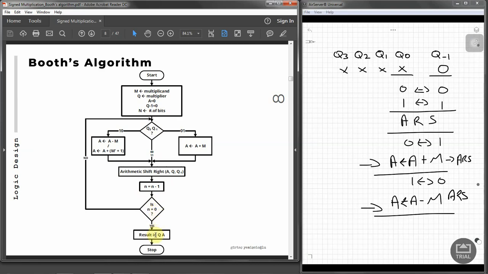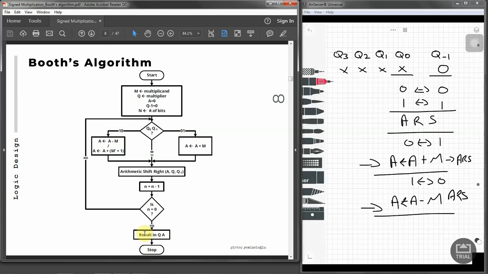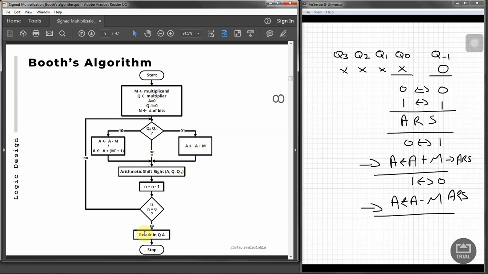Then we get the result in the multiplier and in the accumulator. So the binary numbers that we have in the multiplier and the accumulator will show us the result of that operation. So let's get started and do our first example.